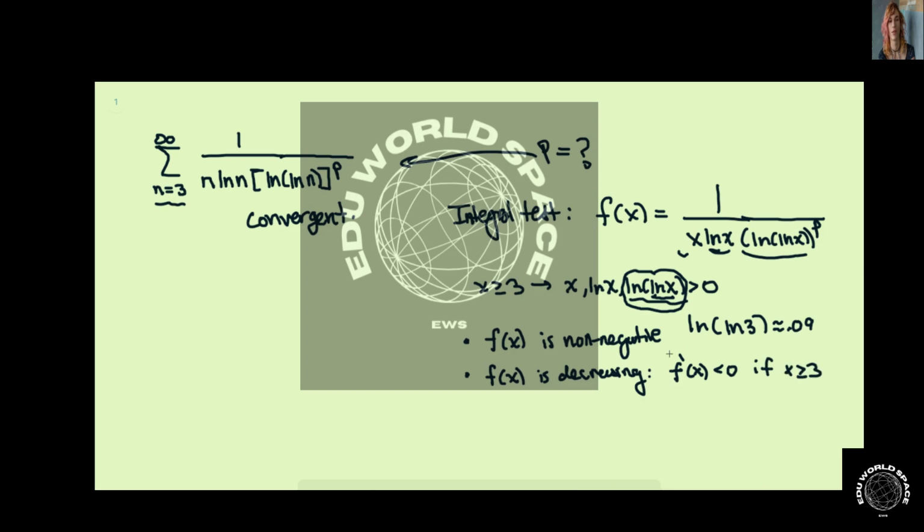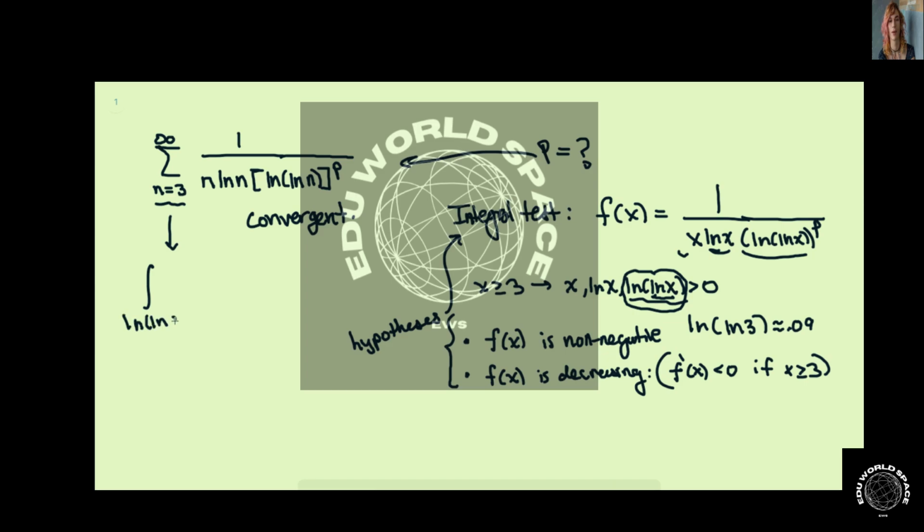That's another way. Now we're in a condition, since these two are satisfied, these are the hypotheses for the integral test. So those are satisfied. So that means instead of looking at the sum, we can look at the following.